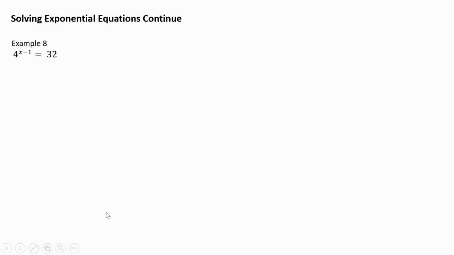Okay, now, if you notice, they get a little bit more challenging after every example. This way, I'll be able to cover every possible problem that's in this section for your homework. So again, are they the same base, the 4 and the 32? No, they're not, right? So let's see if 4 to a certain power will give me 32.